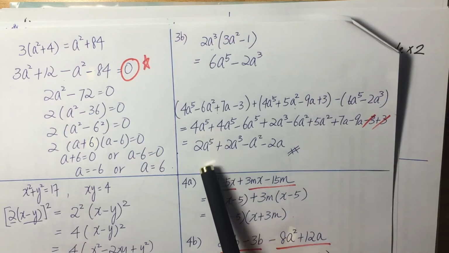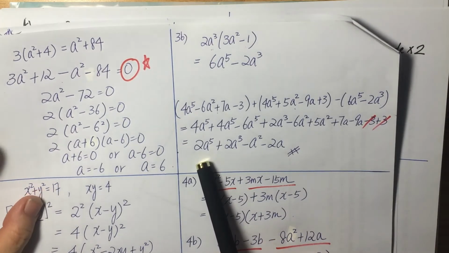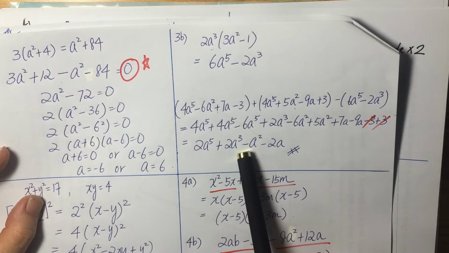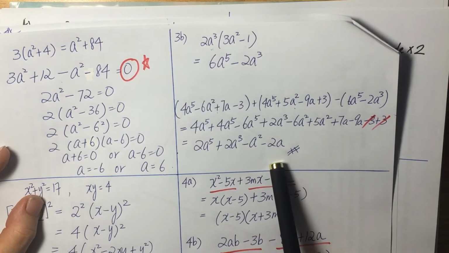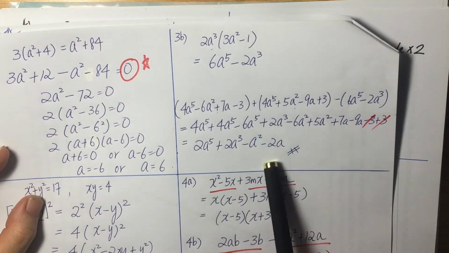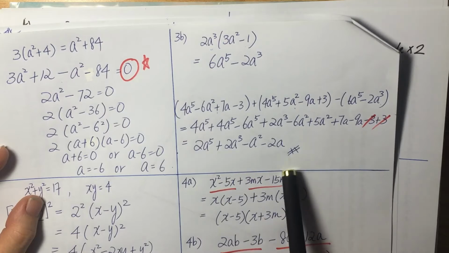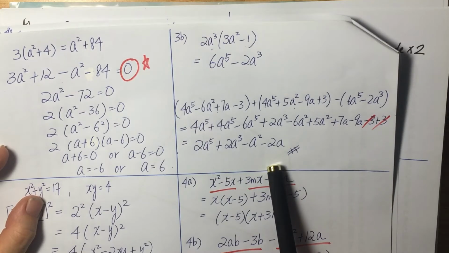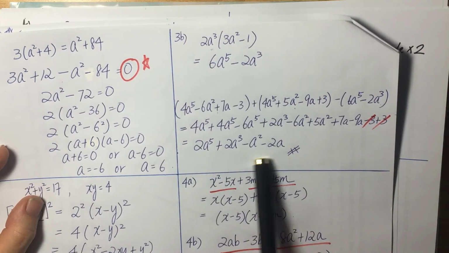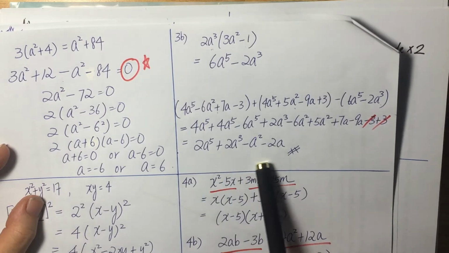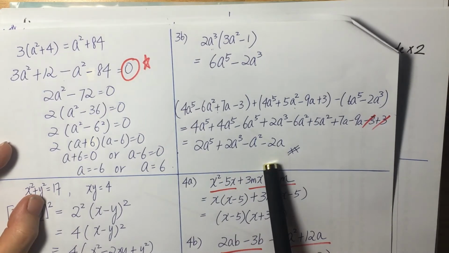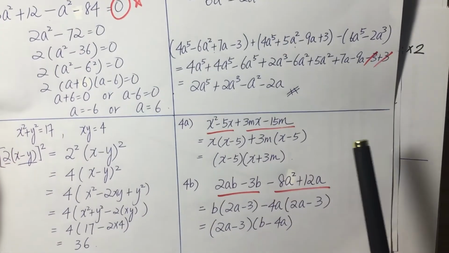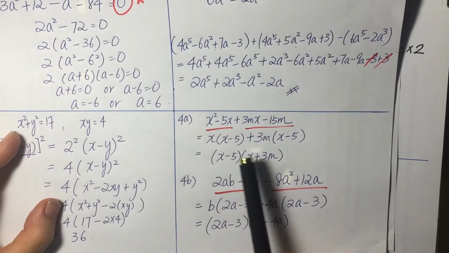Then you get this answer of 2a to the 5, 2a cubed minus a squared minus 2a. Okay, you will stop here. You don't have to bring out a again and try to factorize it again. No need. As long as you put the like terms together and simplify, that is your answer already.